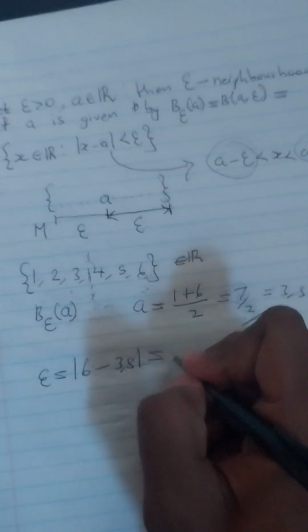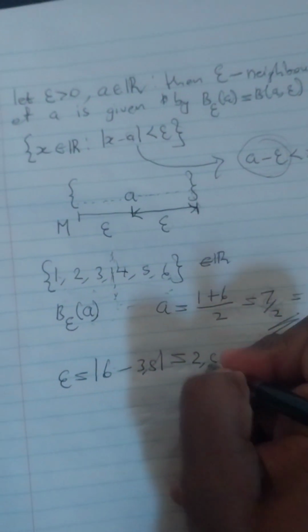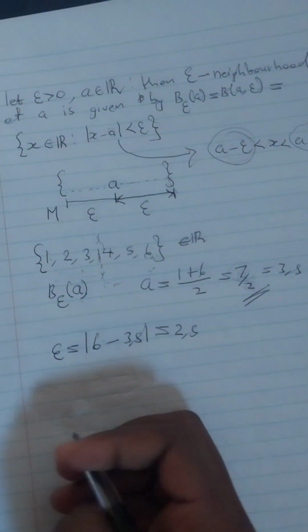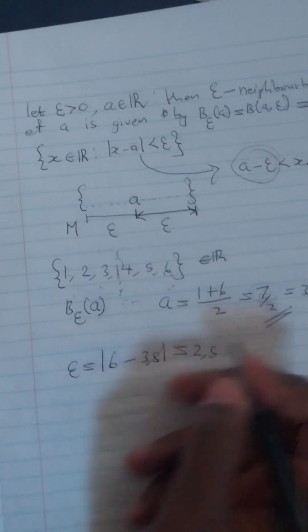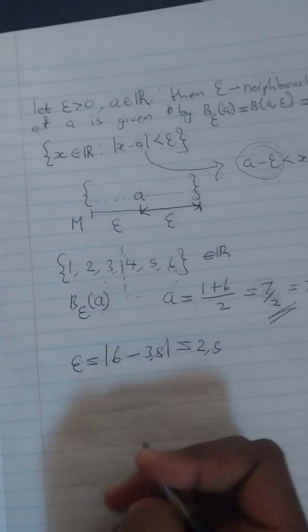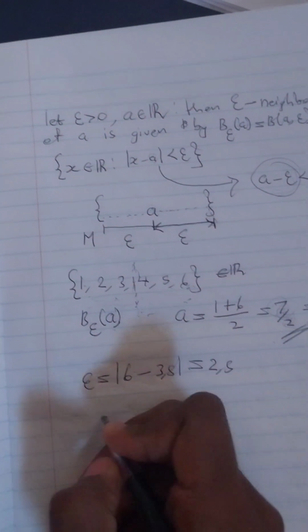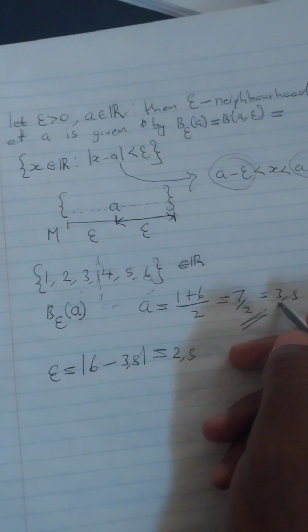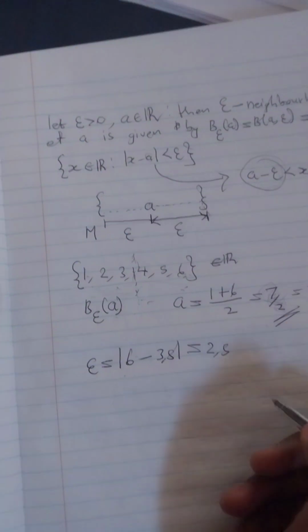And of course it appears indeed you get 2.5. So it means that for the neighborhood of A, A is equal to 3.5 and our epsilon equals 2.5, and this is nice.